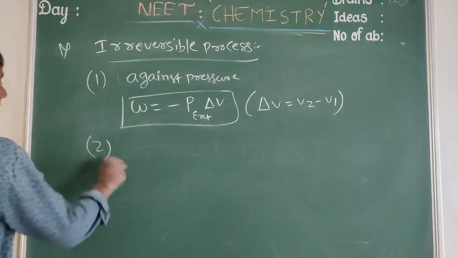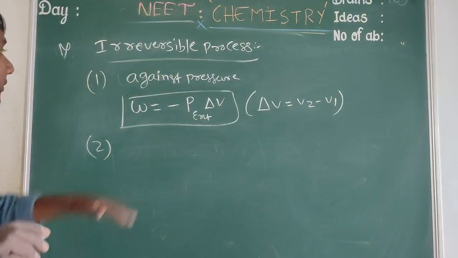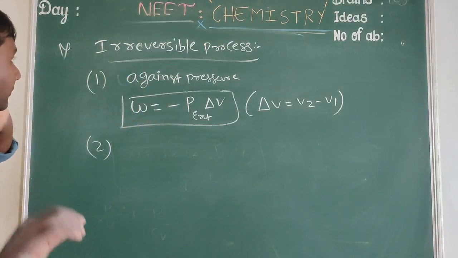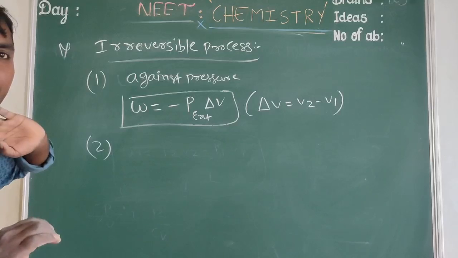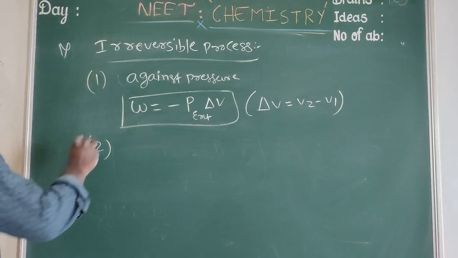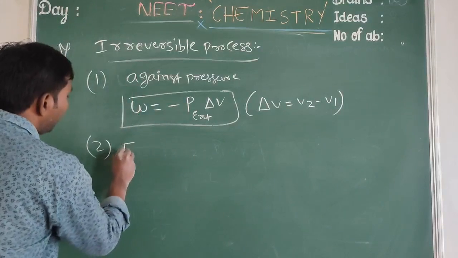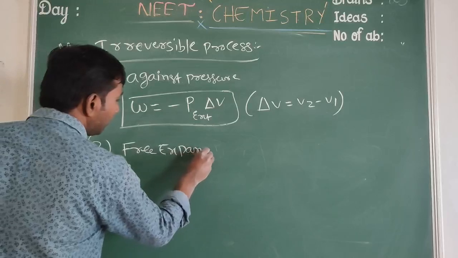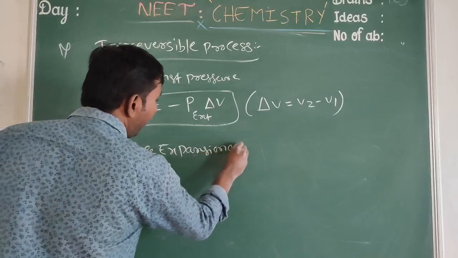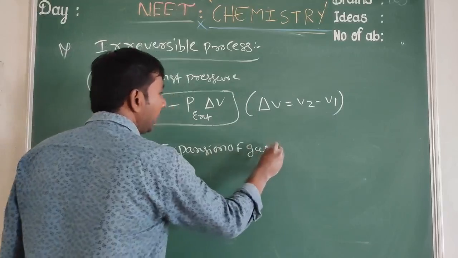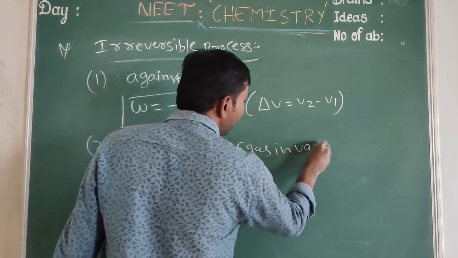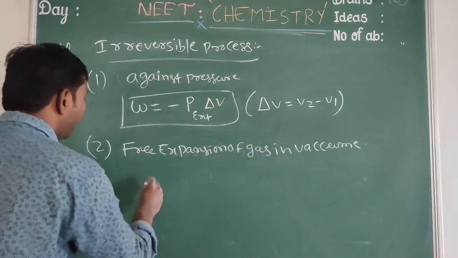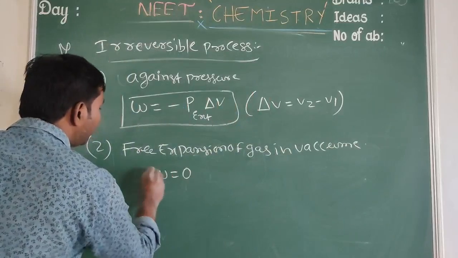Next one. In irreversible process, maximum problems come from this formula only. Next one. In irreversible process, free expansion of gas in vacuum means the work equal to 0.